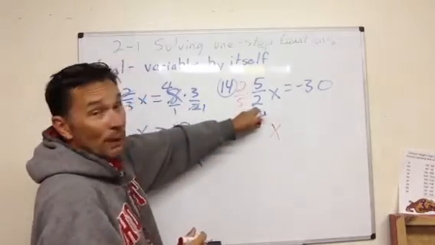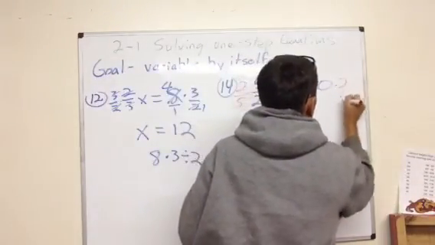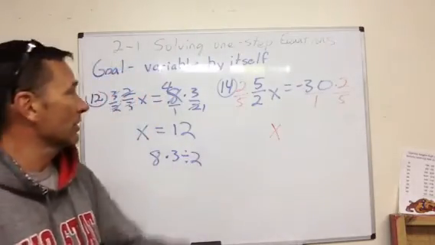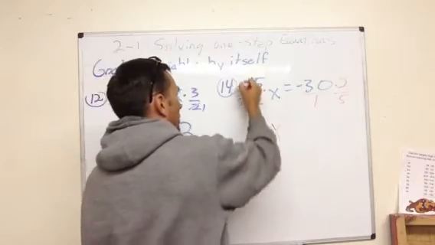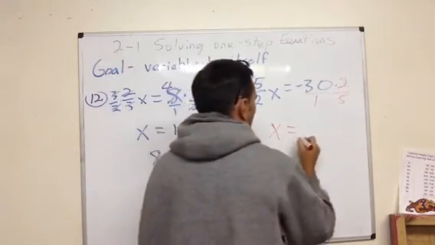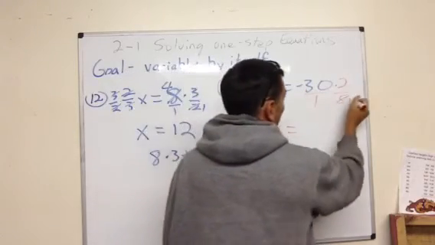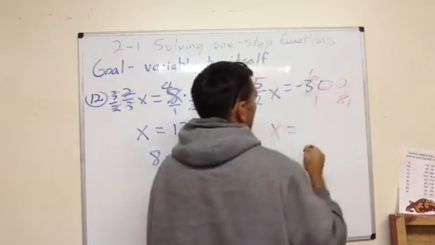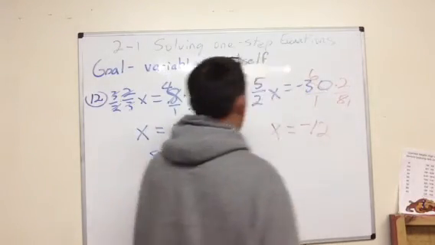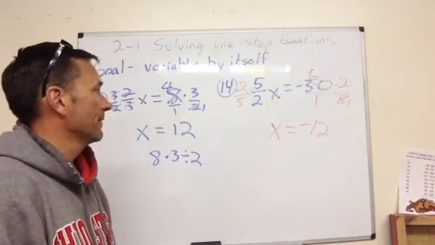If you multiply this by 2 over 5, you also have to multiply this term by 2 over 5. Go ahead and try to reduce that. Use your calculator to find your answer. We know that cancels out. And I'm going to reduce this. I know 5 goes into 30 6 times. Negative 6 times 2 is negative 12. And that's what our answer would be.